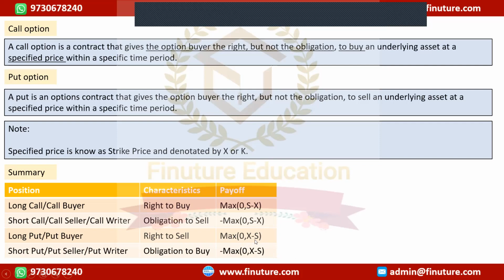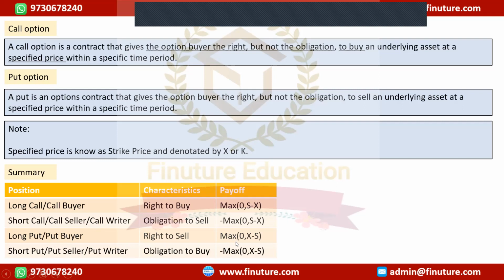You buy at the prevailing price in the market, so it's negative S, and you sell in the option contract. That's why it's a positive capital X. With the same argument, this gain for a put buyer would be a loss for a put writer or put seller. So just the negative of this is a loss to the short put party.